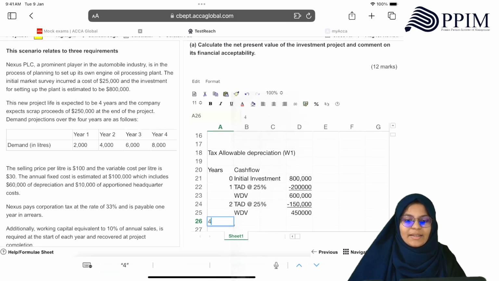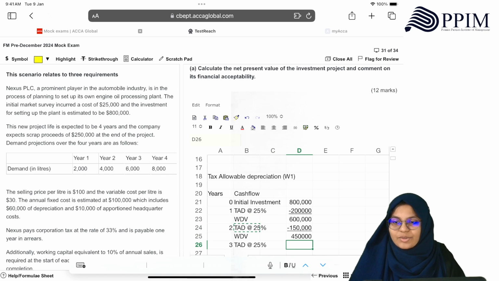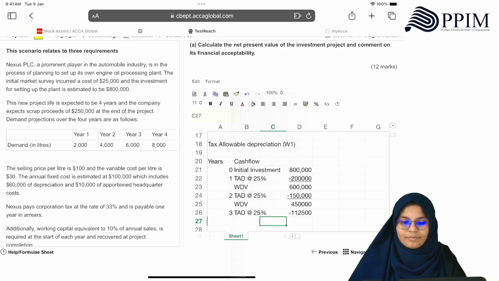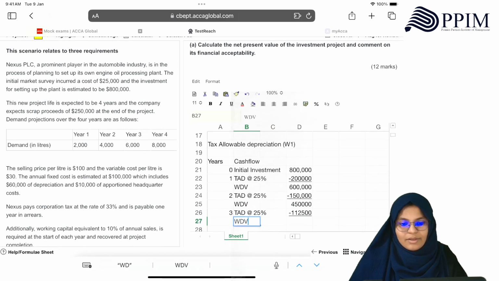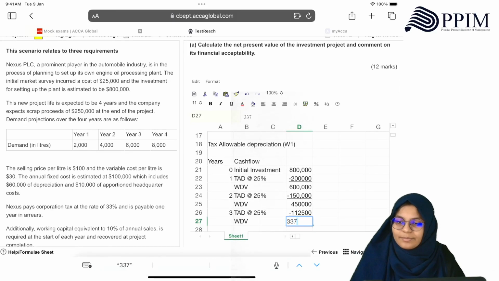Then in year 3 again I will claim tax allowable depreciation 25% into 450,000, that is 112,500. Again I get the written down value, which is 337,500.